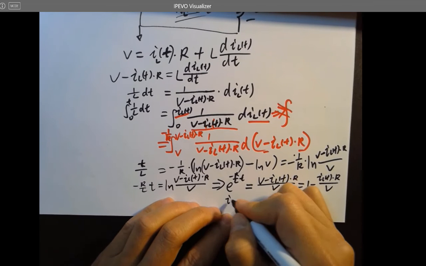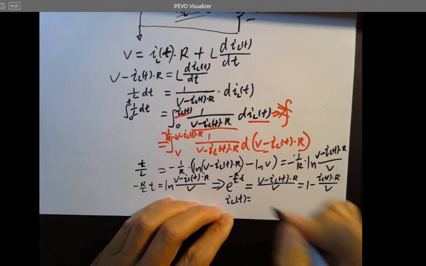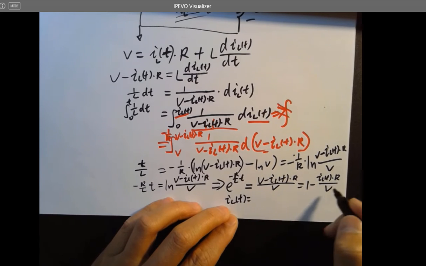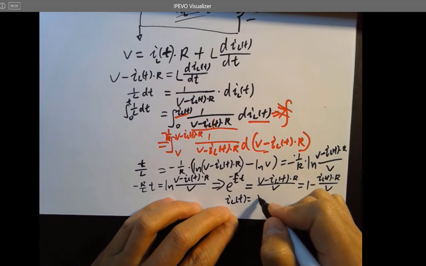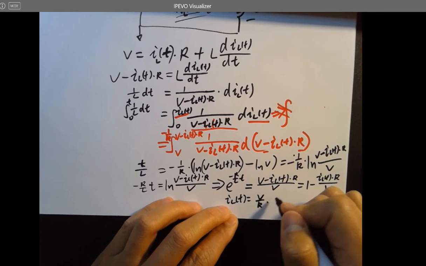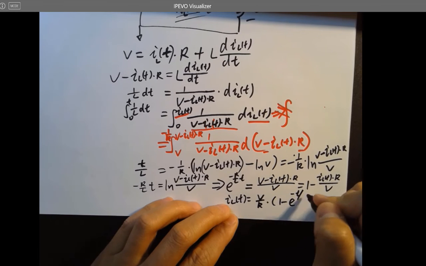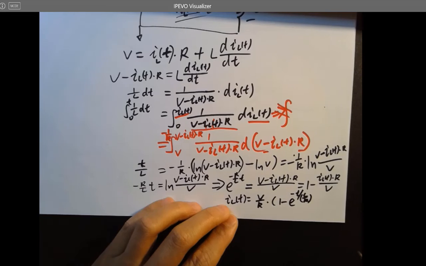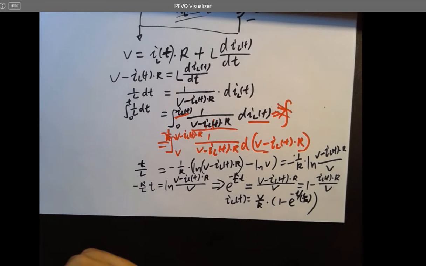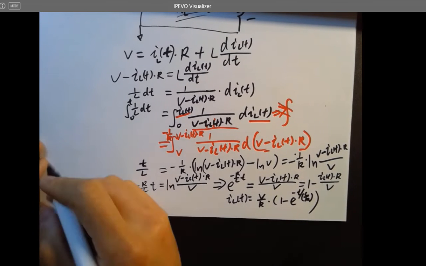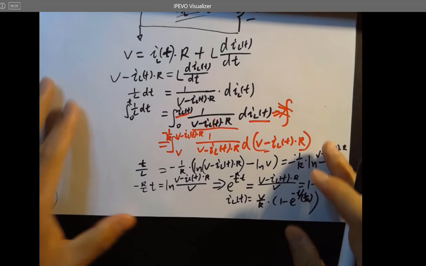So I_L(t) will be V over R times 1 minus e to the minus t over tau, where tau is L over R, which is a constant in the LR circuit instead of RC in the RC circuit.